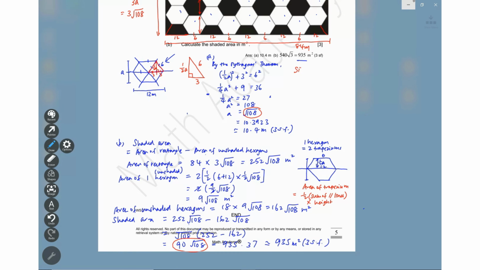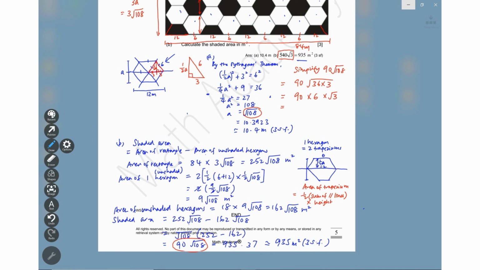I'll show you how to simplify this because you see that the answer here is 540 root 3. You can simplify your 90 and root of 108 to be like this. So 108, I can break it up into 36 times 3. I can take square root of 36 and square root of 3 separately. So square root of 36 will give you 6, and square root of 3 is an irrational number, so I will just leave it as square root 3.